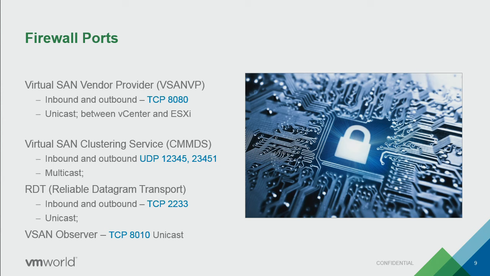And the firewalls that exist on the vCenter and the ESX, that's all taken care of for you. vCenter will take care of that. But it's good to know those port numbers just in case, and you will see why later, but keep 12345 and the other one, 23451, in mind. Just keep those in mind.